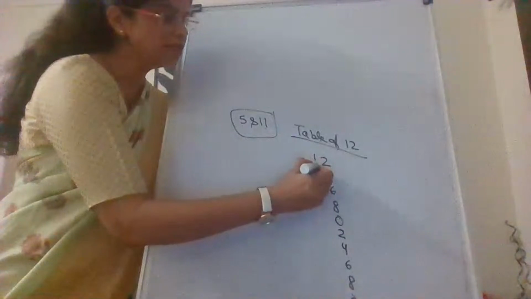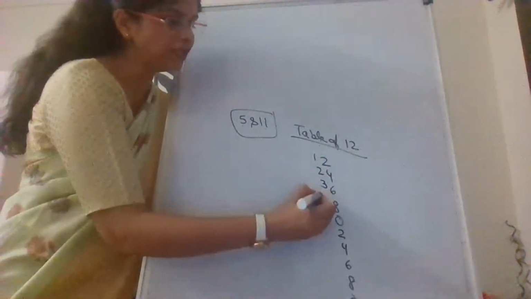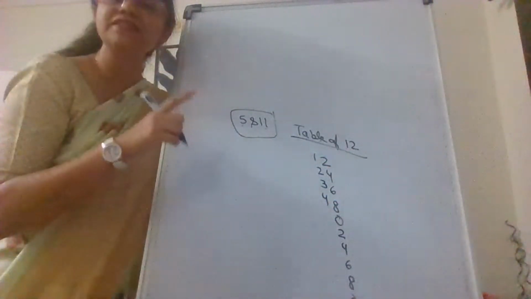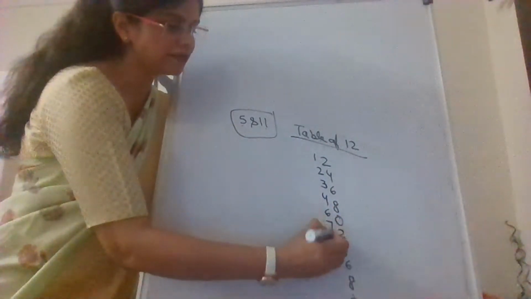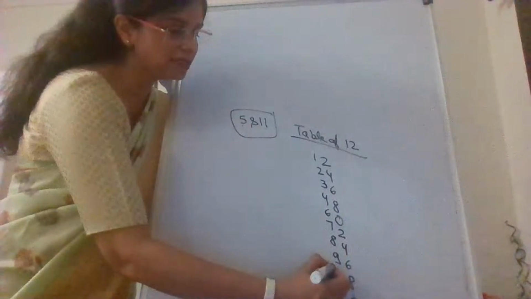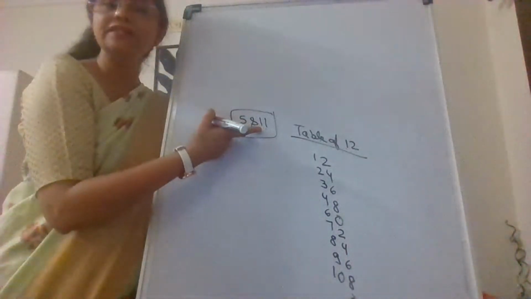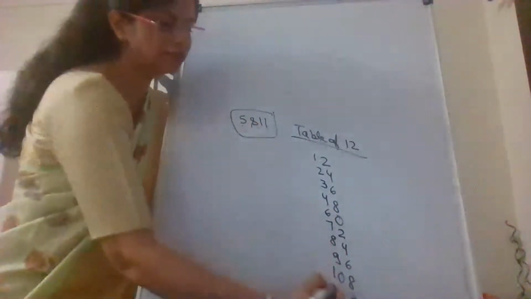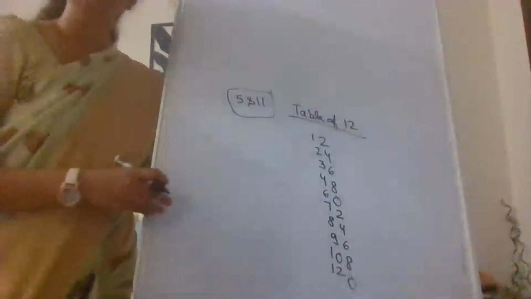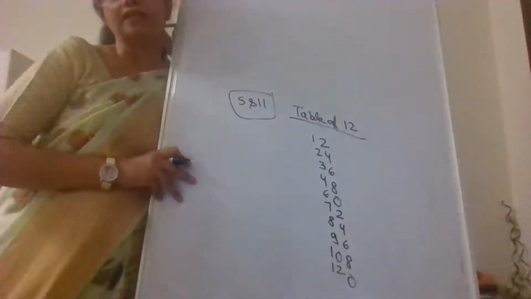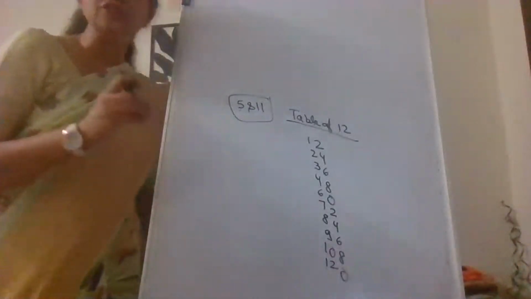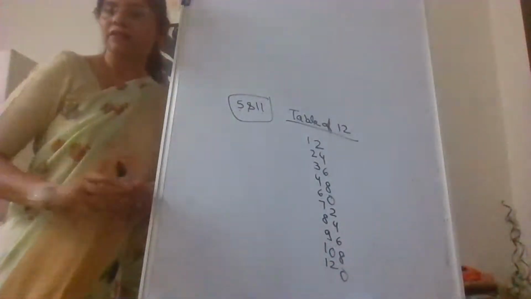There 1, 2, 3, 4. 5 is the enemy, so forget. 6, 7, 8, 9, 10. 11 is the enemy, don't write it. And then 12. And this is how we make the table for 12. It's very interesting to learn Vedic maths. I can tell you that you will surely enjoy doing this Vedic math.